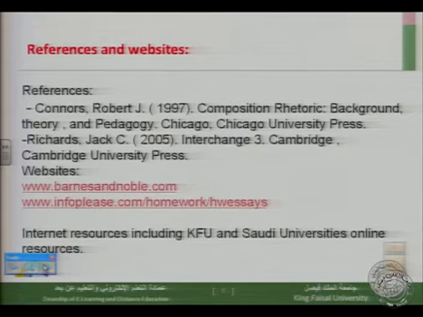Also, it will be in the form of completing sentences with conjunctions or connecting words or transition words. And another question will be in the form of reordering the sentences of a paragraph in order to get a coherent paragraph.